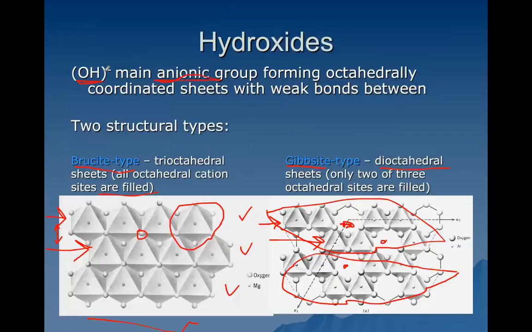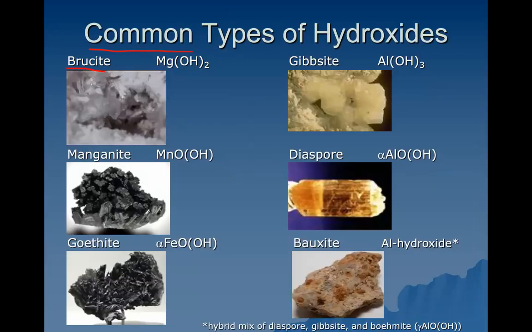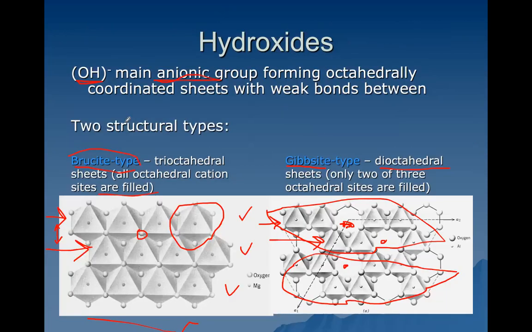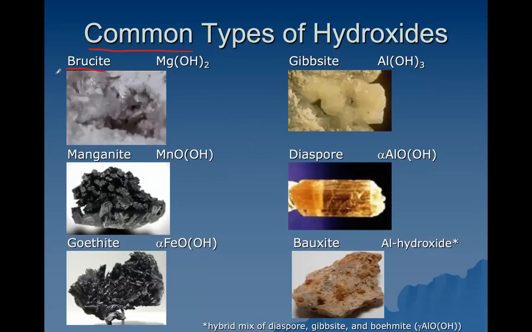So you have brucite here, so that's why we call it brucite type also, the main mineral. Under that group we have manganite, manganese hydroxide. So it is coming as oxide hydroxide.